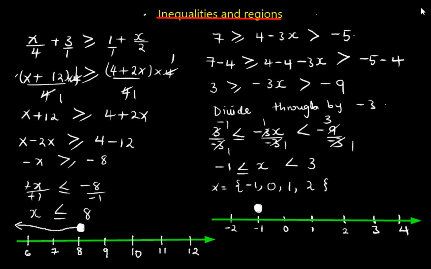And 3 is not inclusive. We draw an open circle. From there, we connect the two circles, and we shall say that this is negative 1 less than or equal to x, but x is less than a 3. Hope we are following, students. Yes, that is beautiful.